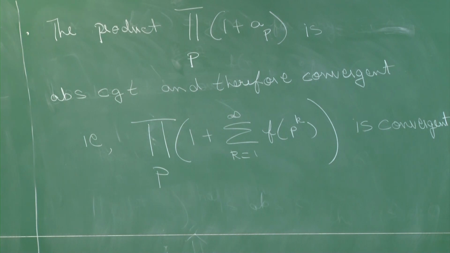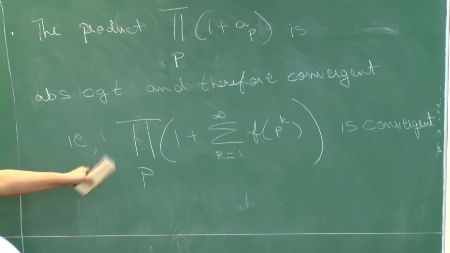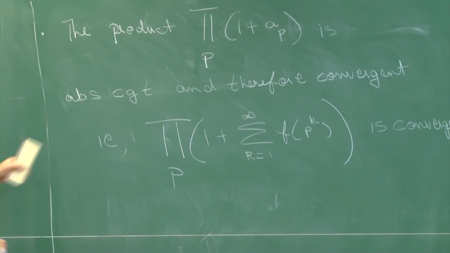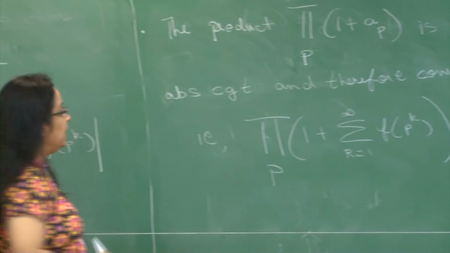Now, we want to show that not only is this convergent, but in fact, this is equal to the sum of all the f of n's. So, how do we do that?